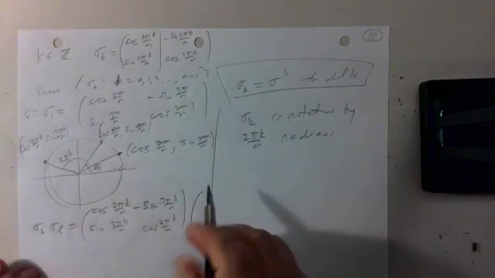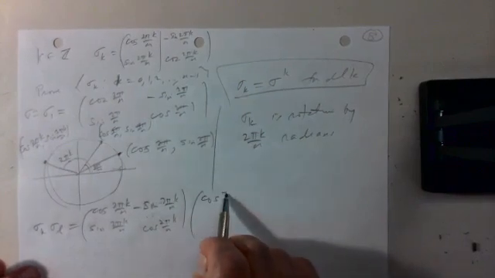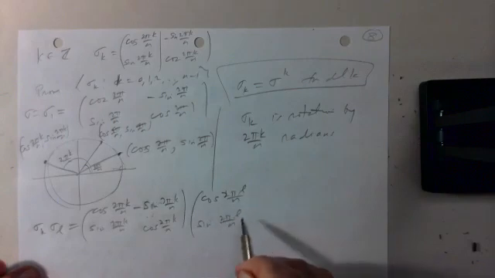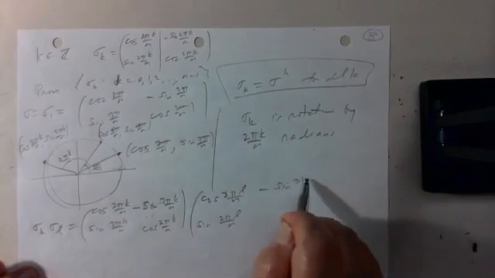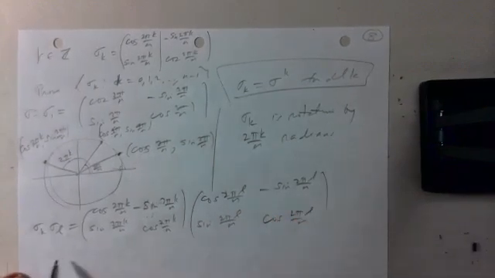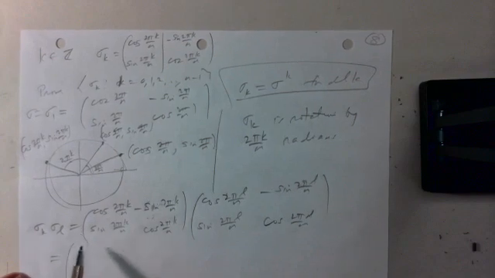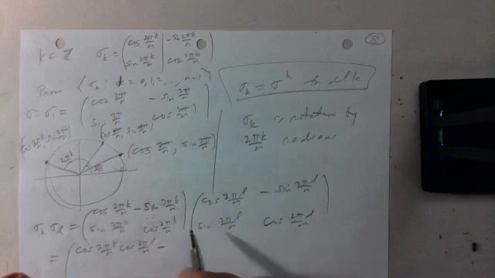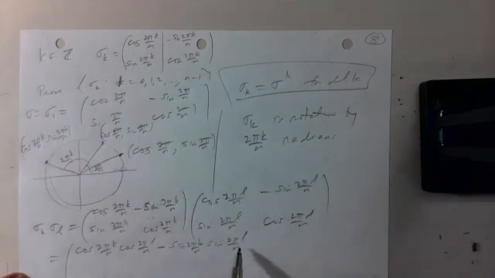That's sigma k times sigma L, which is cosine 2 pi L over n, sine of 2 pi L over n, minus the sine of 2 pi L over n, cosine of 2 pi L over n. If you do matrix multiplication, what do you get? You get cosine 2 pi k over n cosine 2 pi L over n minus sine 2 pi k over n sine of 2 pi L over n.